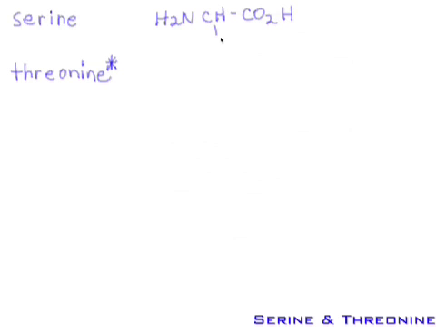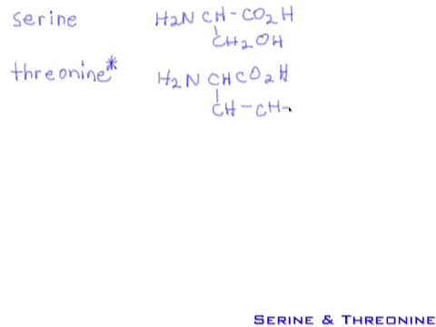Serine is similar in structure to cysteine, except instead of a CH2SH, we have a CH2OH. Threonine is rather unique. It has an ethyl group off of the CH, but the oxygen is attached to the first carbon of the ethyl. And so you have threonine.